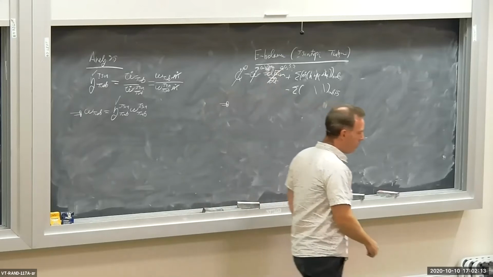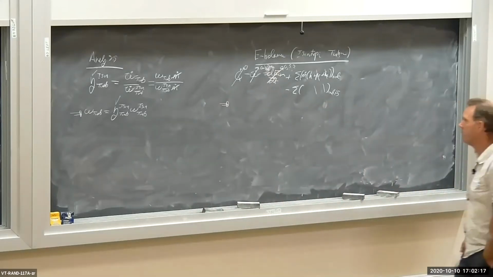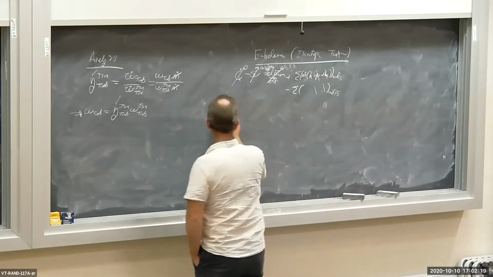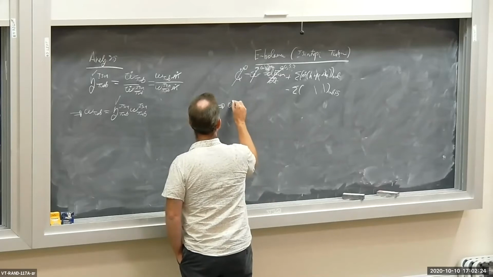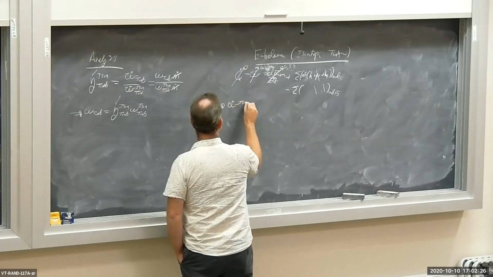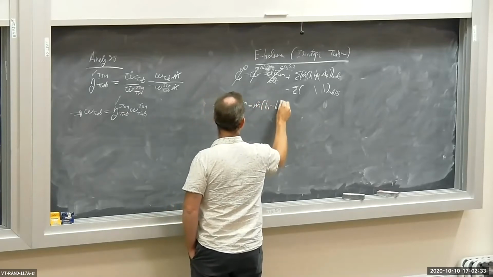There's only shaft work and it's by the isentropic turbine. So I'll call it W dot isentropic turbine. So I get W dot isen turbine is equal to m dot (h1 minus h2).